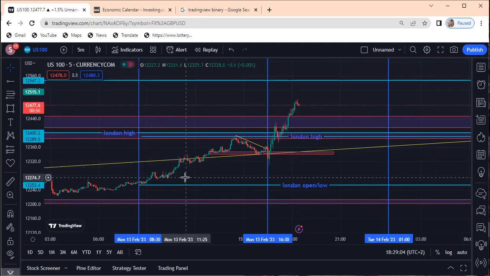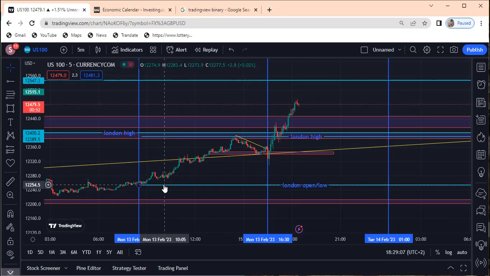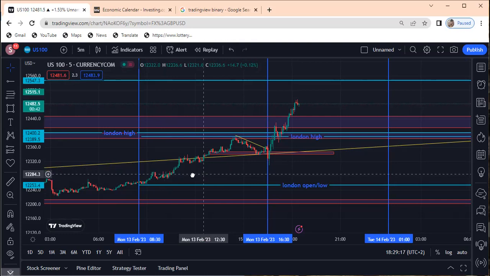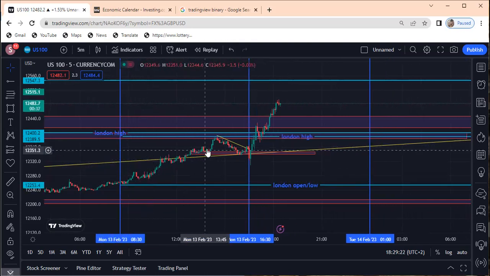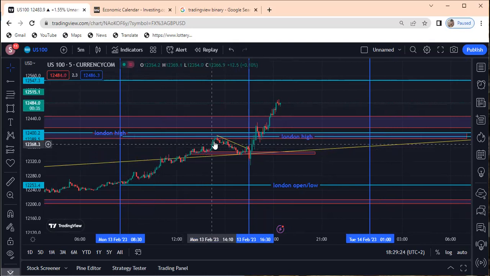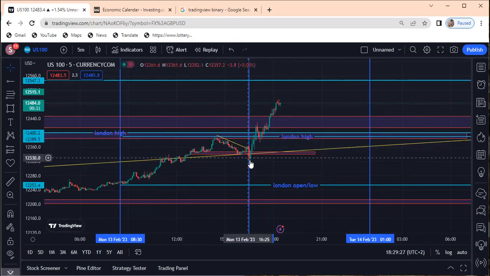Then we step into our London. Our low is the same as our open. I'm sorry about that, the low is the same as the open. After that, it basically had an expansion to the upside, then came back and retraced, and pinned a few.